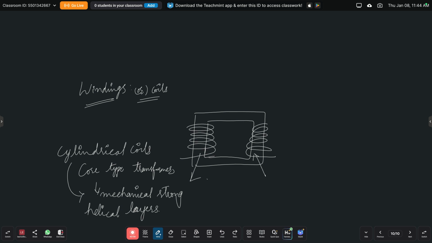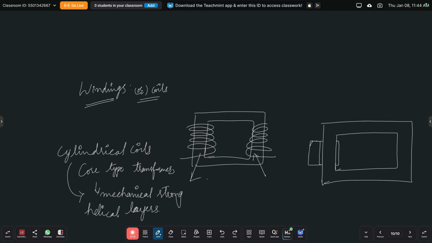Here we are going to represent these cylindrical coils. To improve the performance of the transformer, first of all we place the low voltage winding. Before that we represent the insulation. After that we represent the low voltage winding, because it has to be near the limb part.